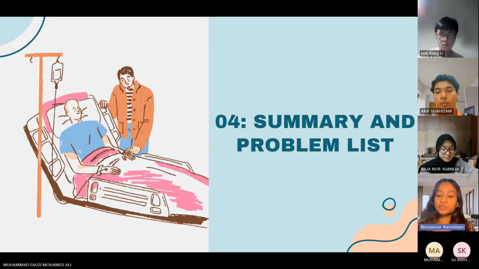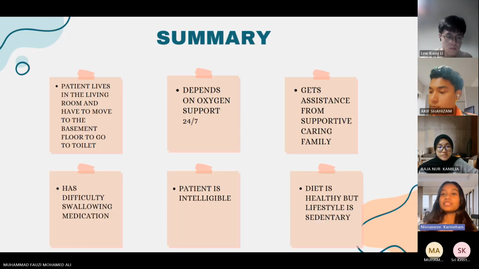Okay, so moving on to the fourth content of our presentation, which would be the summary and problem list. Basically, the patient lives in the living room and has to move to the basement floor to go to the toilet. The patient is dependent on oxygen support, LTOT, 24/7.